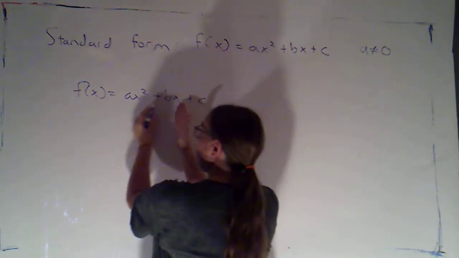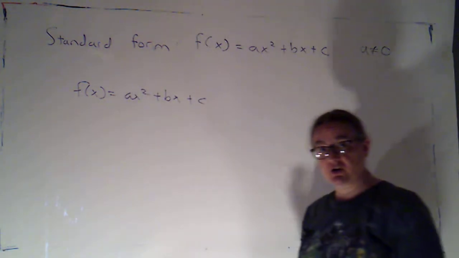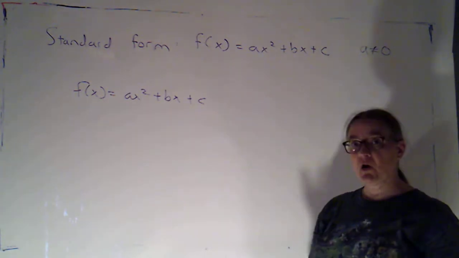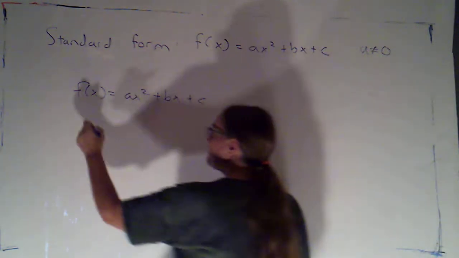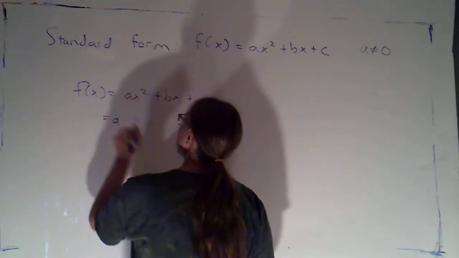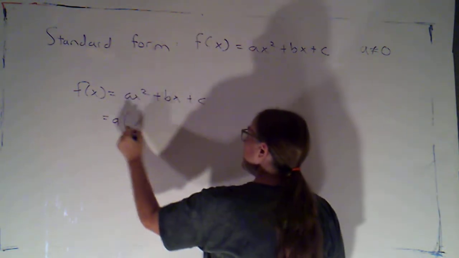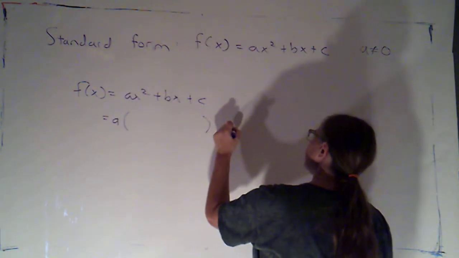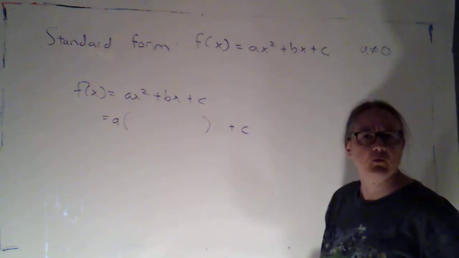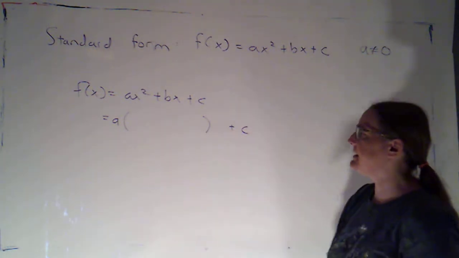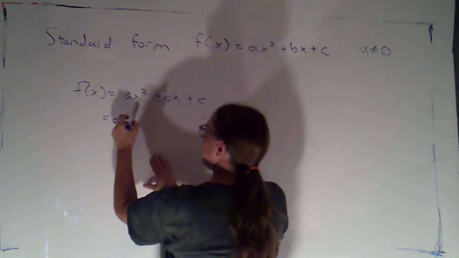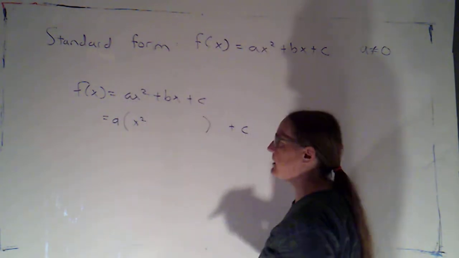Remember, I'm hoping to make those first two terms that have x's in them be a multiple of a perfect square. So the first thing I want to do is factor out that a from just those first two terms, and that plus c can sort of hang out while we're doing our work in here. Now if I pull out the a here, I'm left with one copy of x squared.